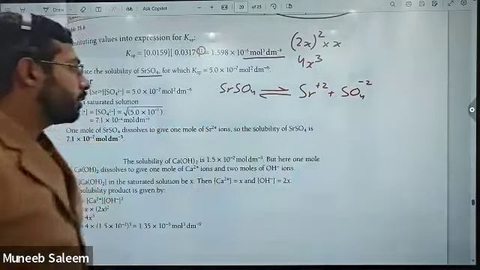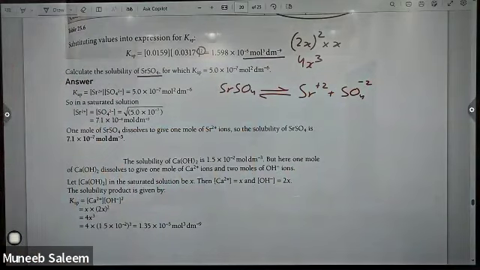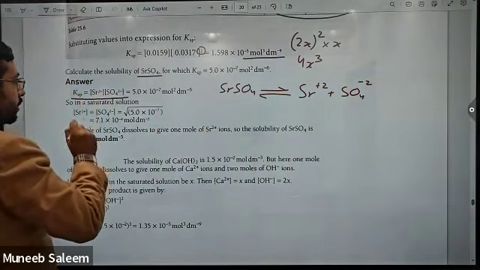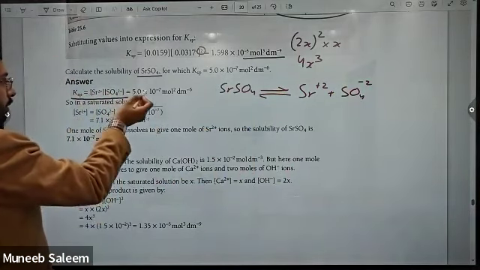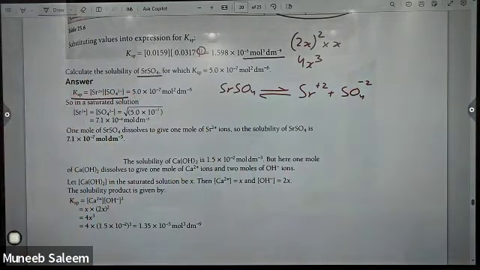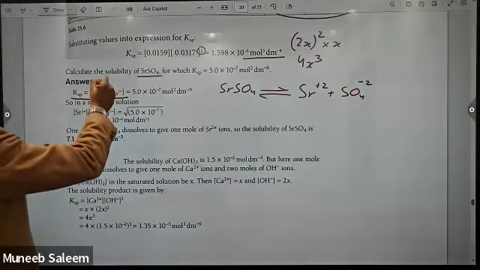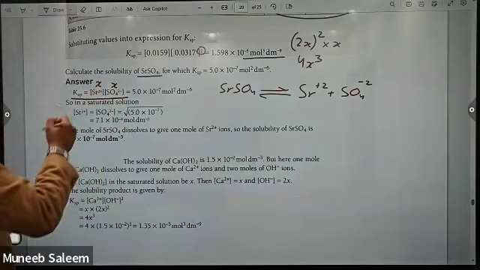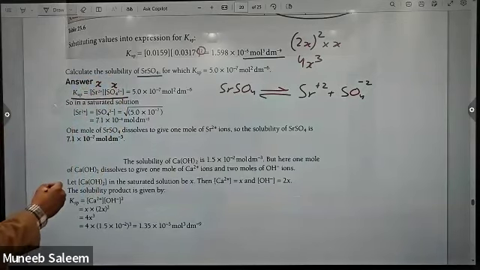Both ions are present in a 1:1 ratio, which means we can simply derive the equation, and KSP is equal to this much. We do not know the solubility here. So for solubility, we can consider it as x and this one also x.